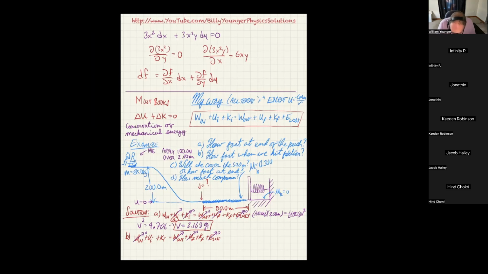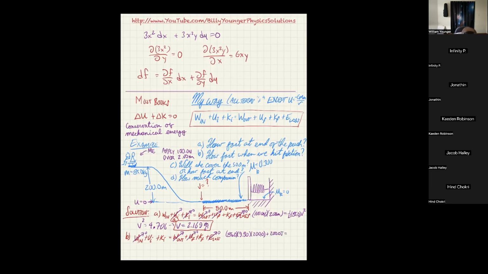The initial potential energy would be 85.0. I'm going to leave off the units, but notice that's a kilogram times 9.80. That's m times g, again leaving off the units, times a height of 200 meters. That's the potential energy, plus the kinetic energy, which we already worked out to be 200 joules.